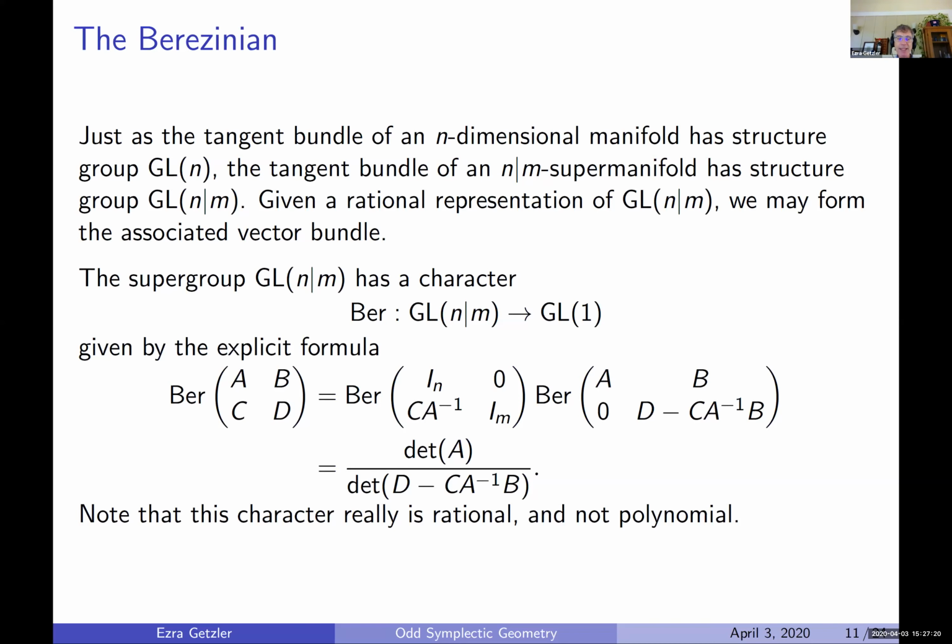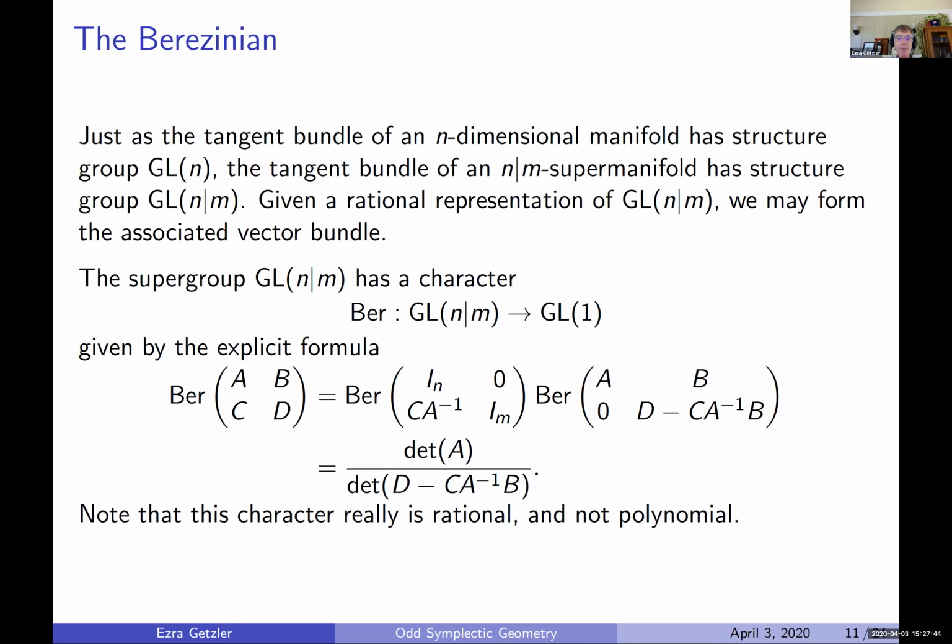So the Berezinian of ABCD is the product of their Berezinians, but the first matrix in that factorization is lower triangular, so its Berezinian is 1. And for the other one, the definition of the Berezinian for an upper block triangular matrix is the ratio of the determinants of the two blocks. So that's the definition.